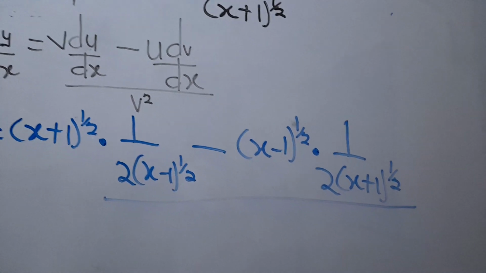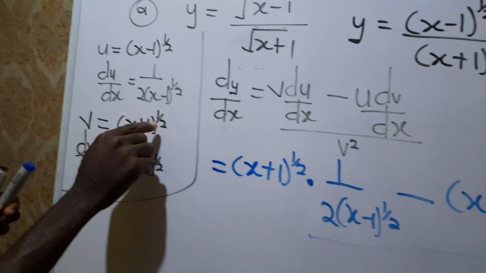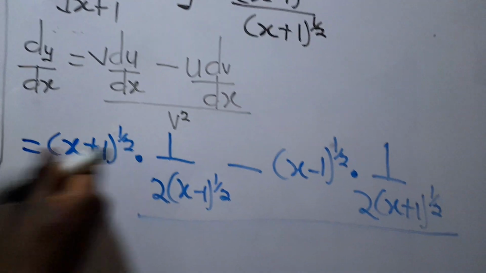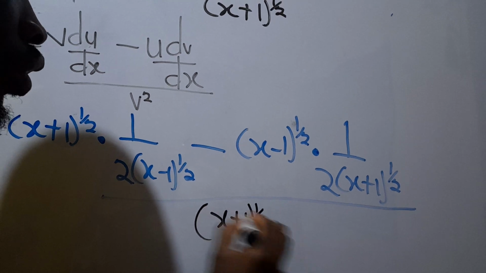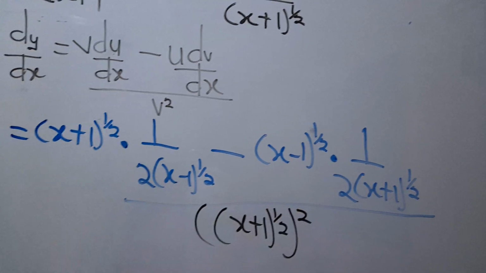And what's our v? Our v is (x plus 1) exponent half. So we'll have (x plus 1) exponent half all squared.